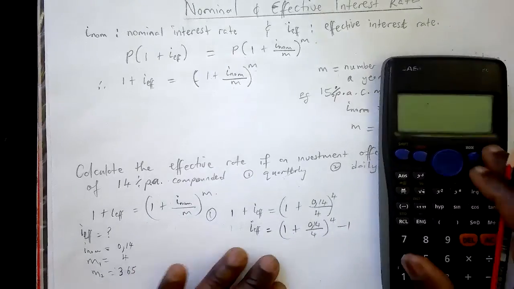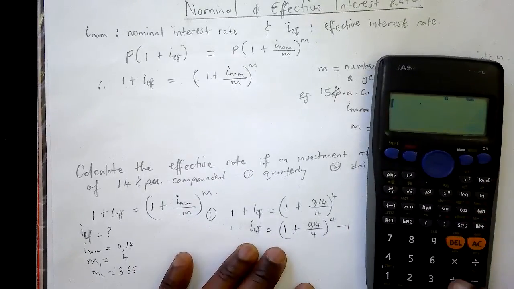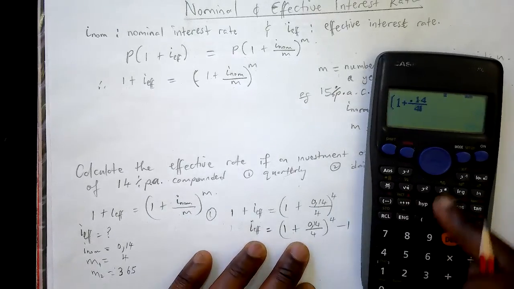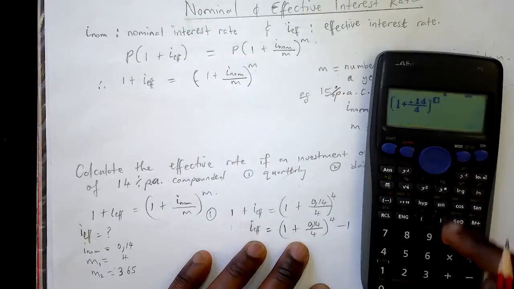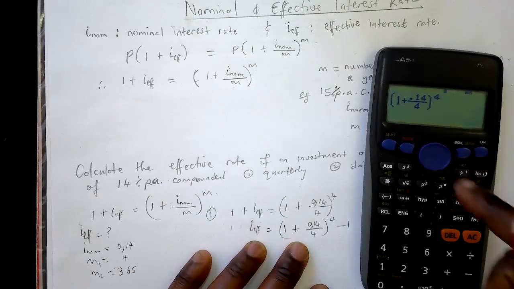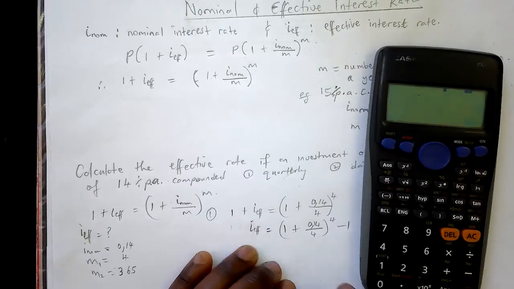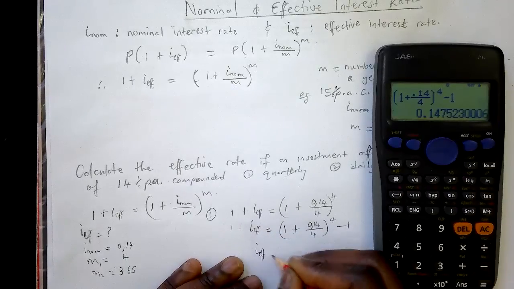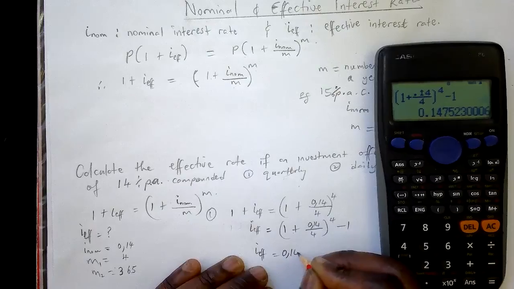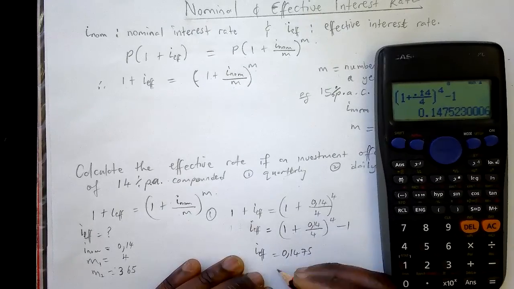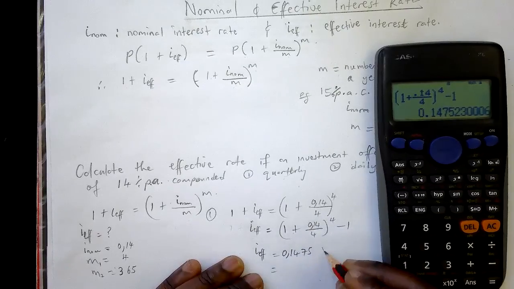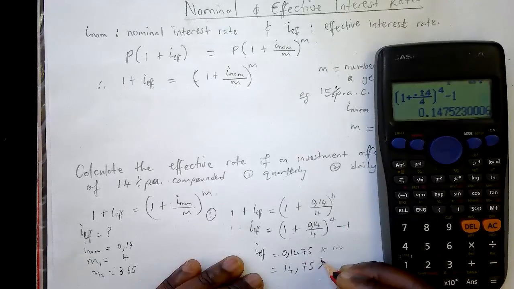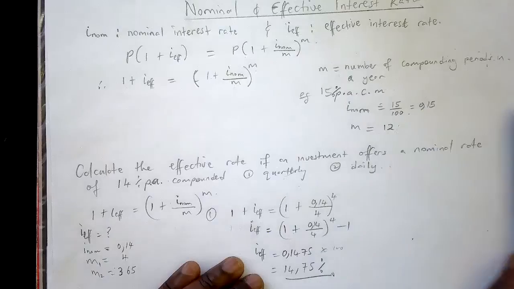Let's punch our calculator. In brackets 1 plus 0.14 over 4, to the power of 4, minus 1, we get 0.1475. So i effective is equal to 0.1475, which we multiply by 100, giving 14.75%. That's what we have for i effective.